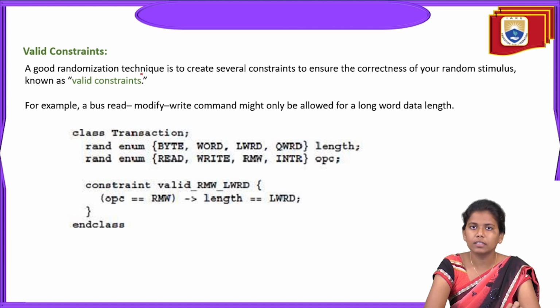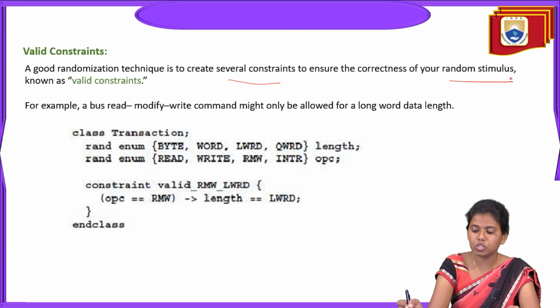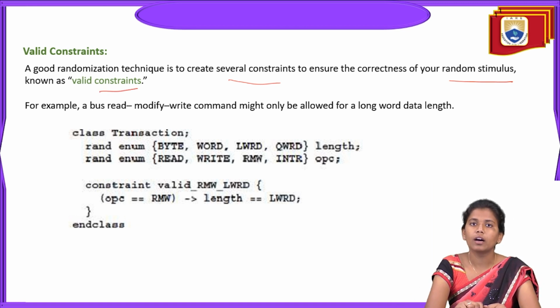And now, valid constraints. So what are these valid constraints? A good randomization technique is to create several constraints to ensure the correctness of your random stimulus, known as valid constraints. So in the randomization process we may go with several constraints to ensure the correctness of the random stimulus.